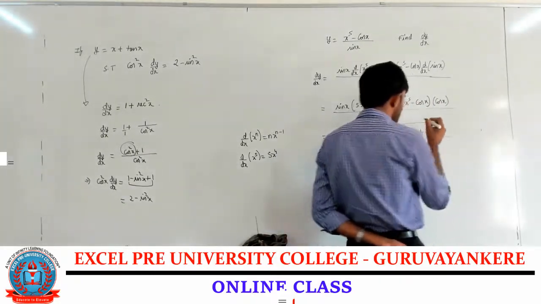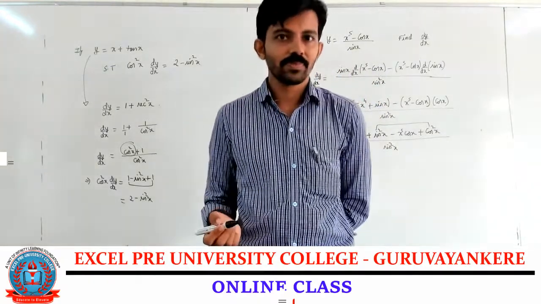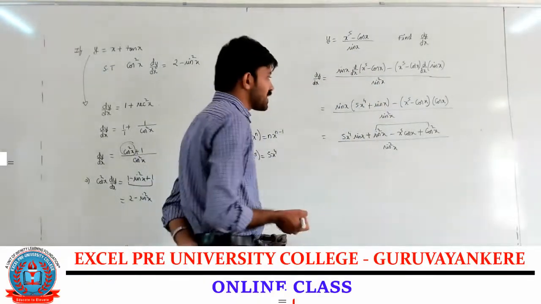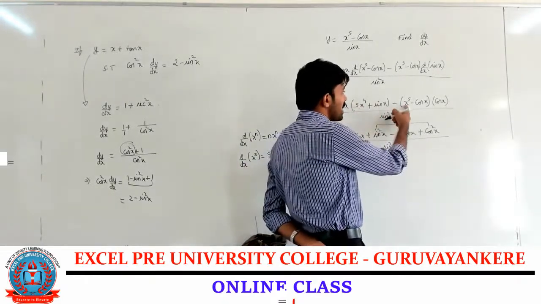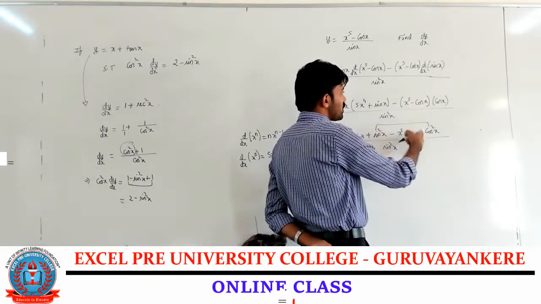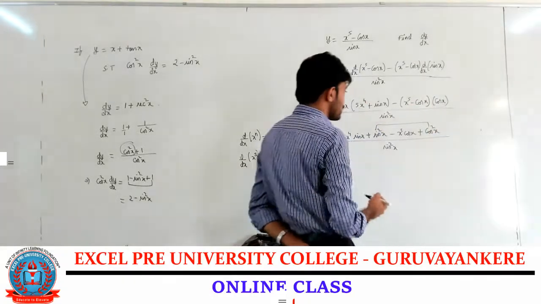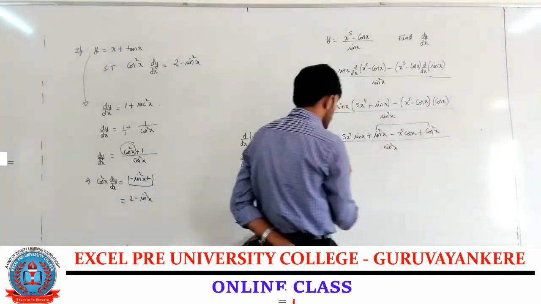Sin square x plus cos square x is 1, correct? That is the fundamental trigonometric identity.